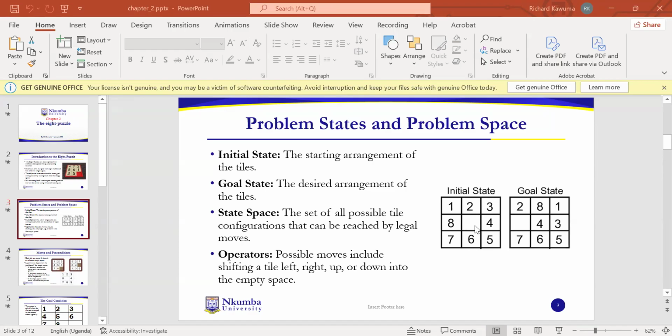But when it is on the side like this one, you have 3 options. You can move the 2, you can move the 4, you can move the 7.